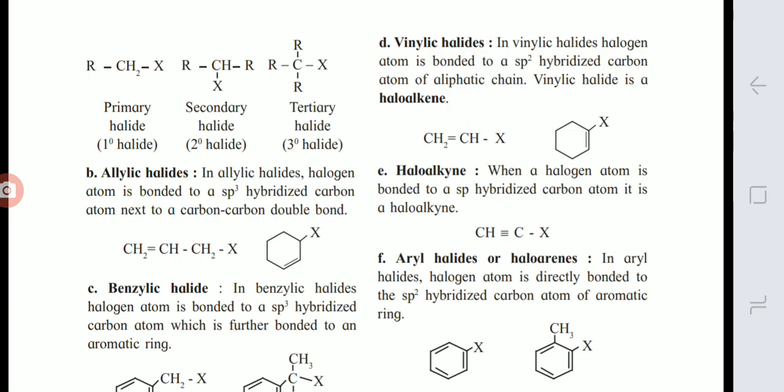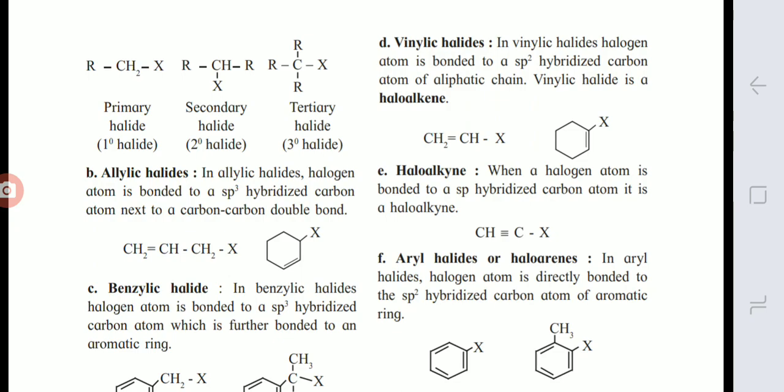The third carbon is next to the carbon with the double bond, so such a carbon is called an allyl carbon, and the halide is known as an allylic halide. The halogen is present on the allylic carbon. That carbon contains only single bonds, so it is an sp3 hybridized carbon. All carbons in alkanes are sp3 hybridized.